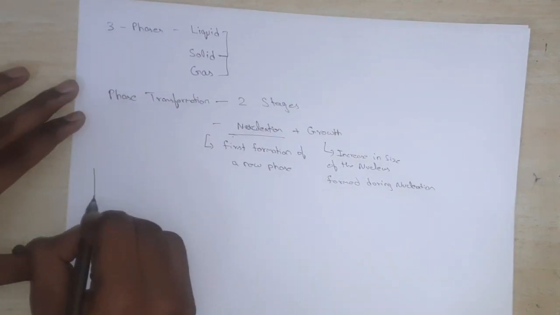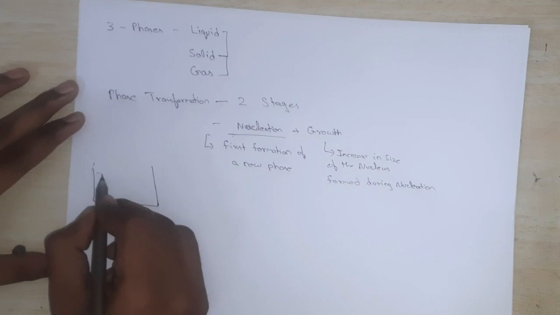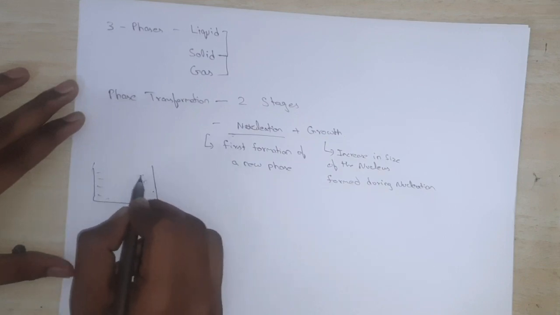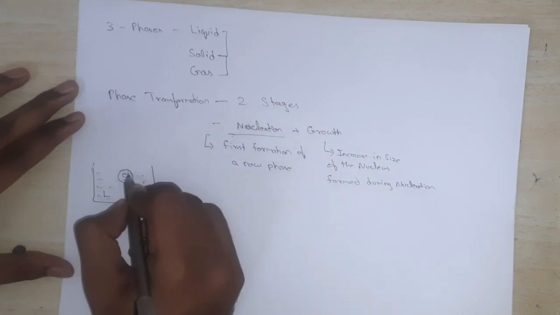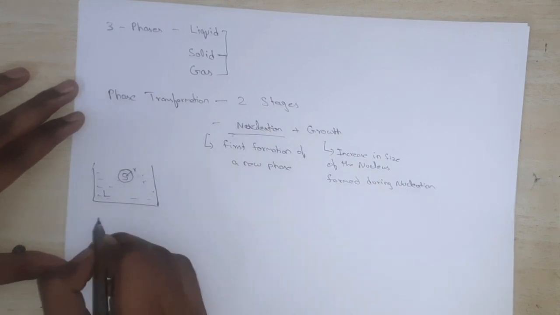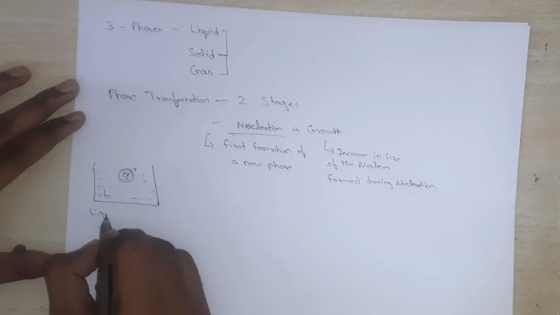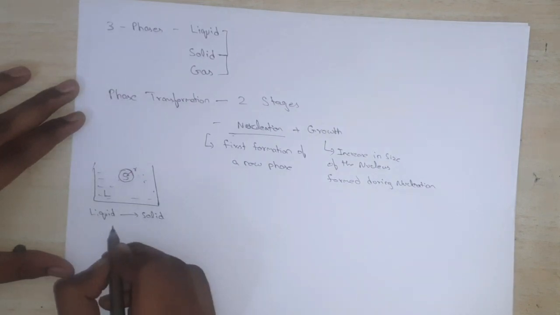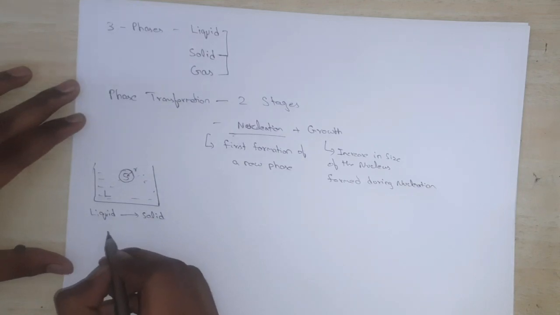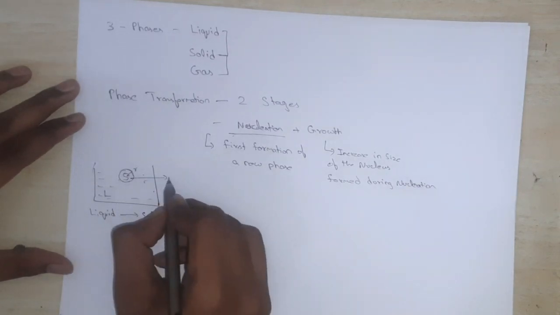So let us take liquid. This is liquid and this is solid of radius r. Let us take this example of phase transformation from liquid to solid. Here the solid is the nucleus.